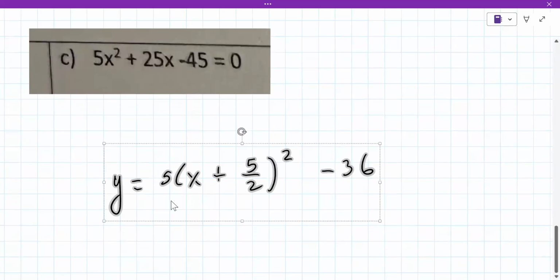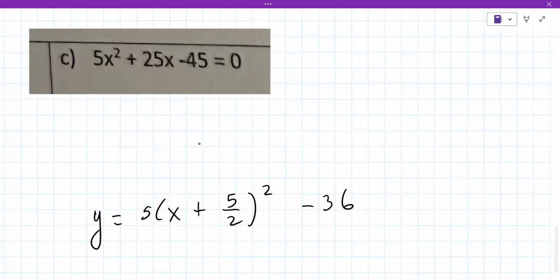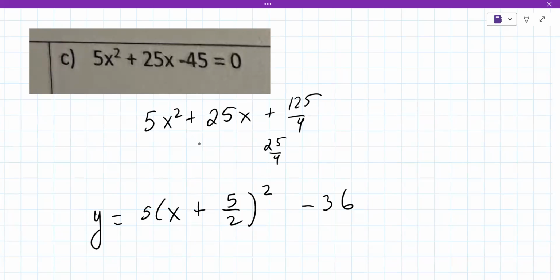When you write it like this and square 5 halves, it's 25 over 4. And then when you multiply by 5, it's 125 over 4. And that's what you're adding to the right side.